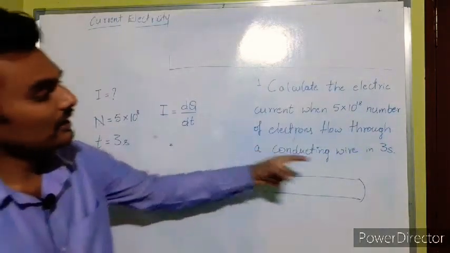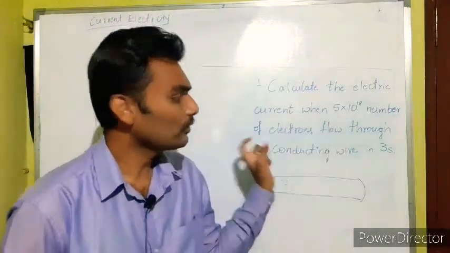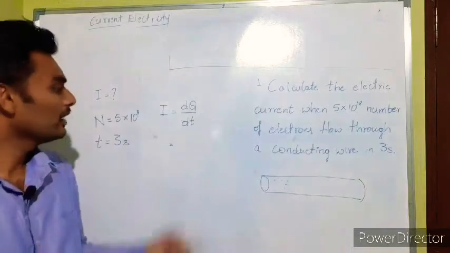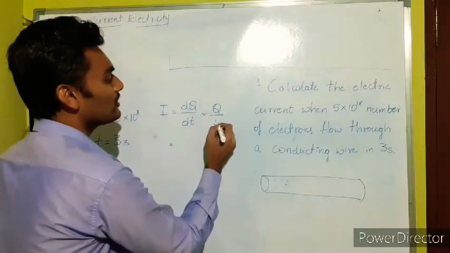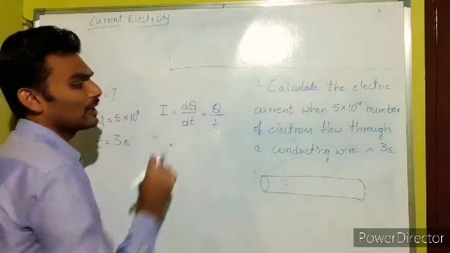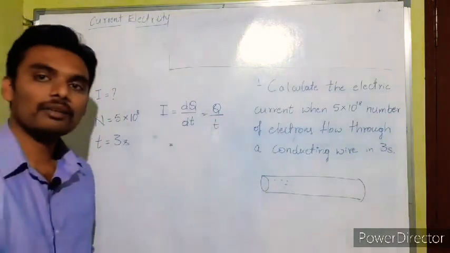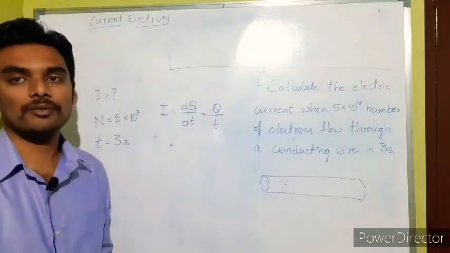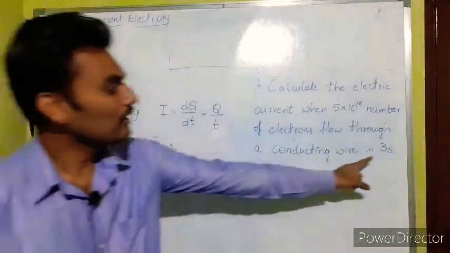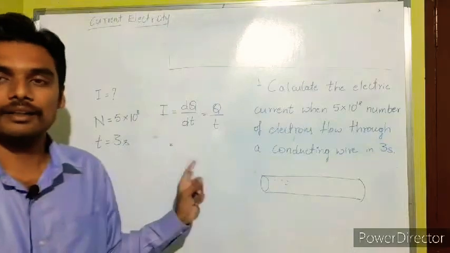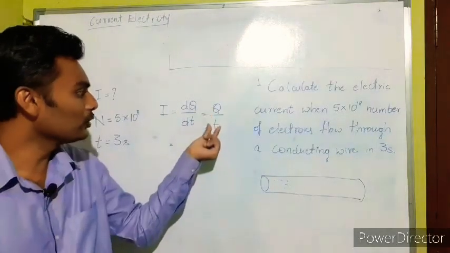Here, for 3 seconds the number of electrons flowing is constant, so I can simply put this as q by t, the total charge that flows by the total time taken. Here again we are calculating the average current, not the instantaneous current. So the average current in 3 seconds is calculated here.